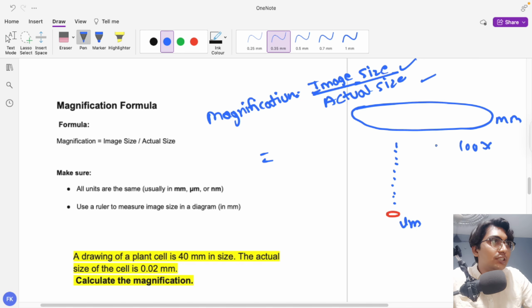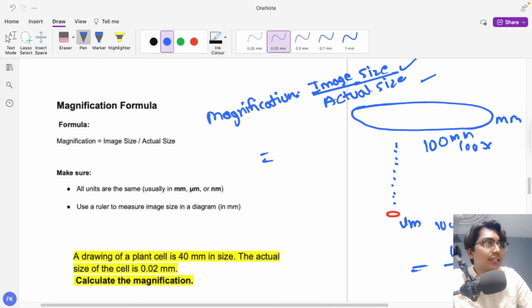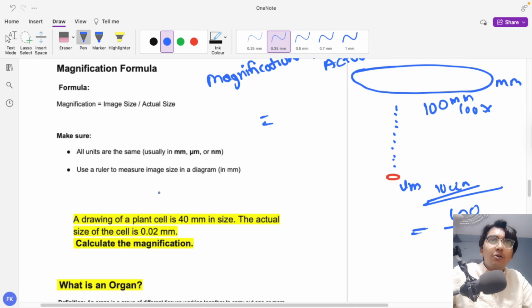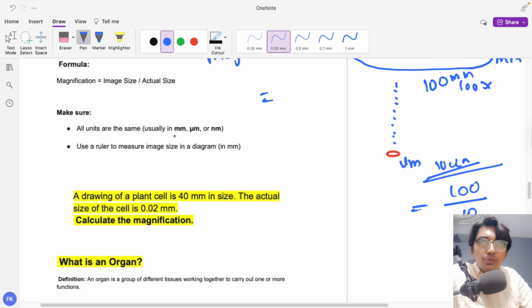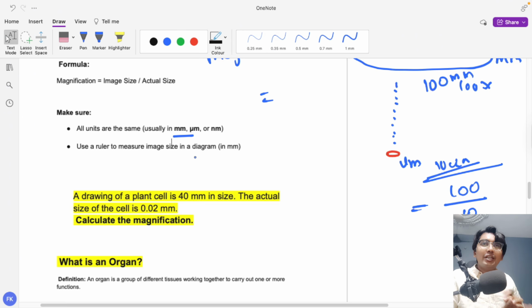For example, image is 10 millimeter, the actual size is 10 micrometer. You just cannot write 100 by 10. You need to convert the micrometer to millimeter first. Both of them should have equal units. For example, all units should be the same: millimeter, micrometer, nanometer. So how would you measure this thing? Using a simple ruler, right? Using a ruler to measure the image in the diagram.